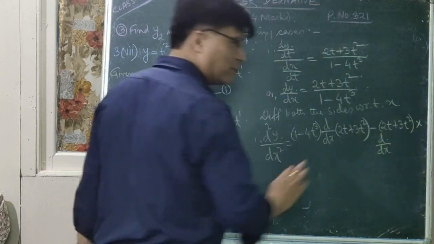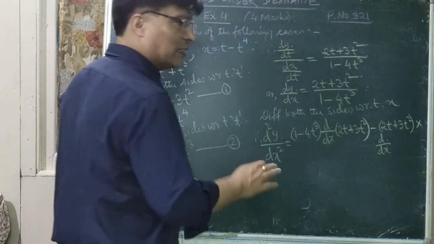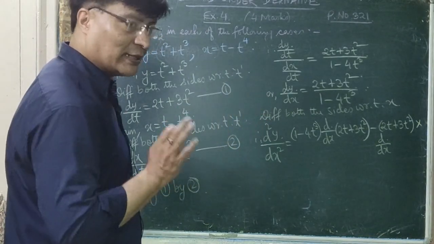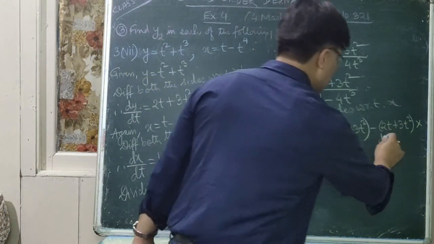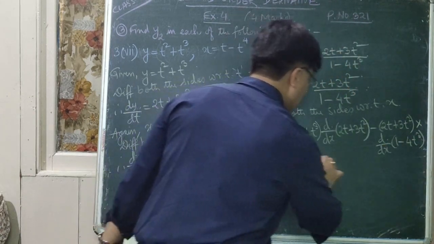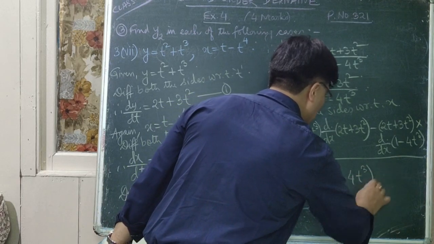This is actually the continuation part. Since there is no space here, I have written it in the next step. Actually this should be in the continuation line, okay? So into d by dx of 1 minus 4t cube, whole divided by the denominator whole square, that is 1 minus 4t cube whole square.